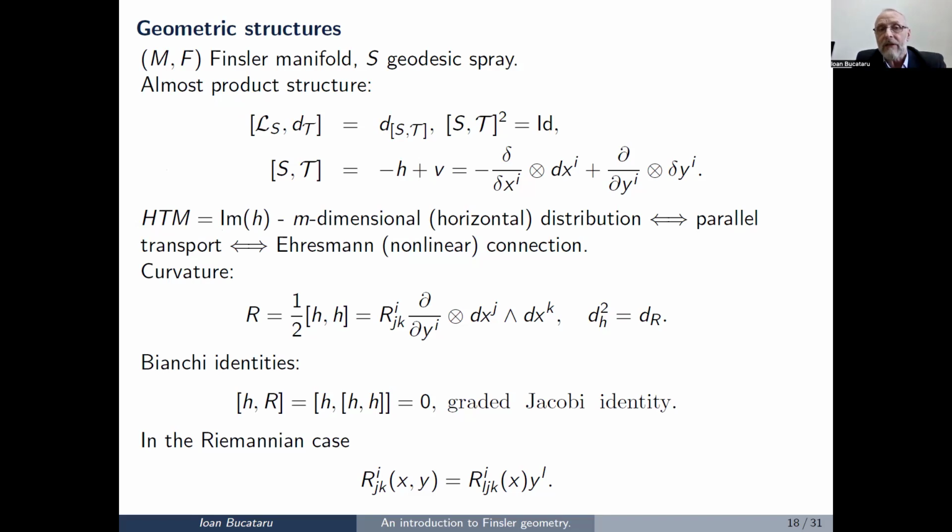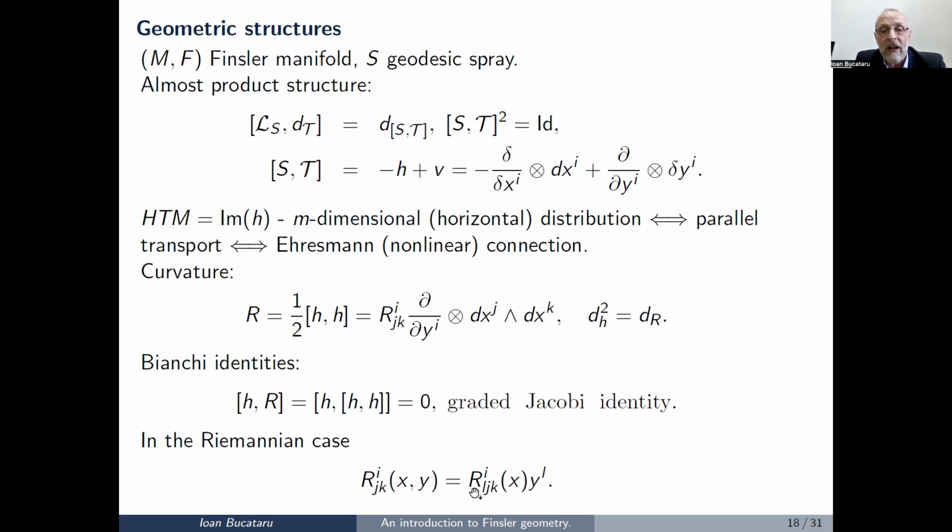So using the Frölicher-Nijenhuis formalism, we can define the curvature, with lots of properties. By the way, in the Riemannian context, this quantity here is one homogeneous. In the Riemannian context, it is linear, and it is precisely the curvature of the Levi-Civita connection. We can recover lots of properties using the Frölicher-Nijenhuis formalism.